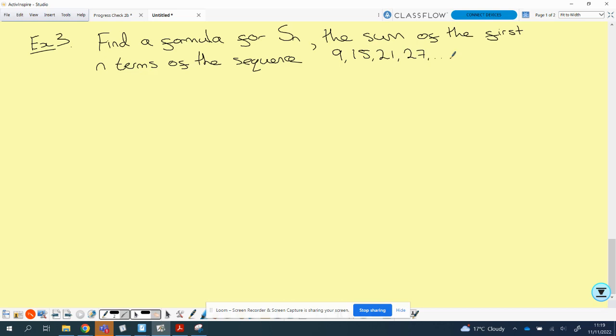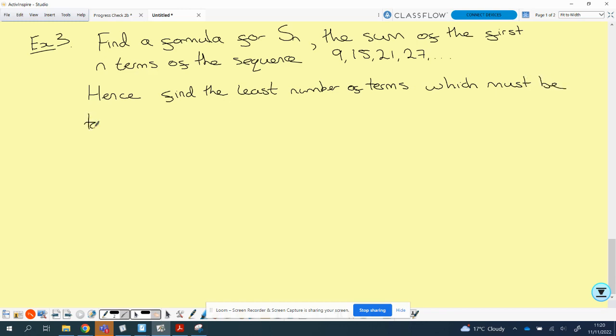Hence, find the least number of terms which must be taken to give a sum exceeding 10,000.